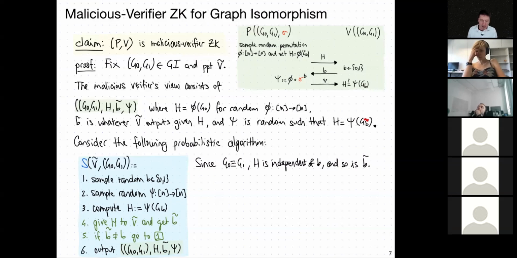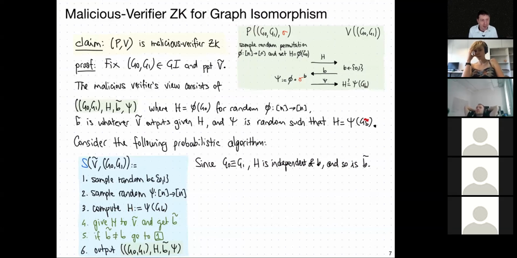First, because the two graphs are isomorphic, H is statistically independent of the bit B. It carries no information about it. So when we give H to V tilde, in some sense it wants to make our life hard, right? It would truly want to output a bit B tilde that is not equal to B, because that would make the life of the simulator harder. But what is it going to do?